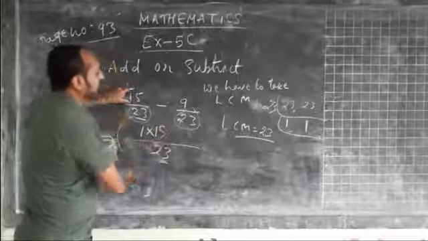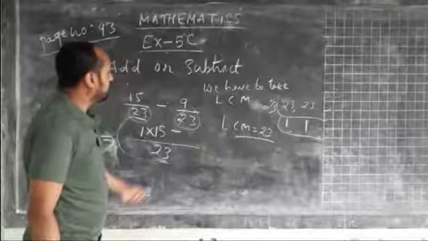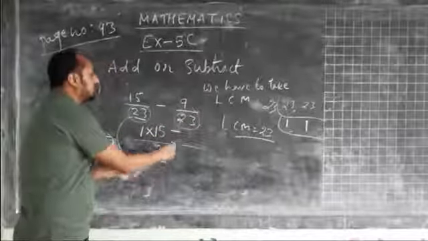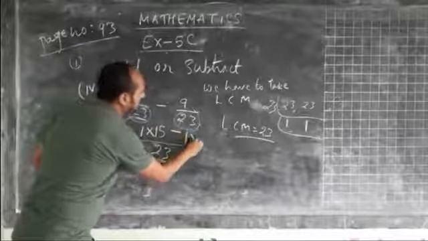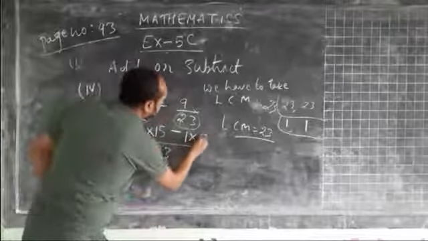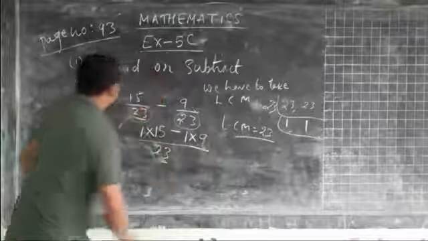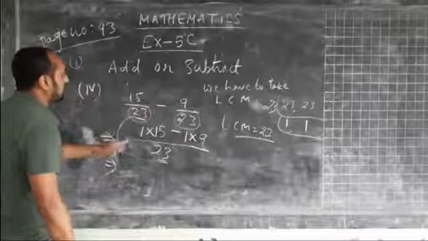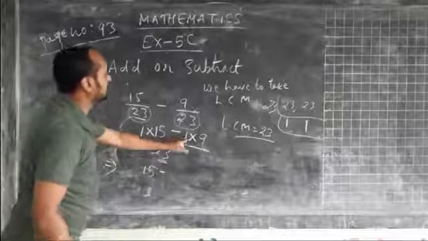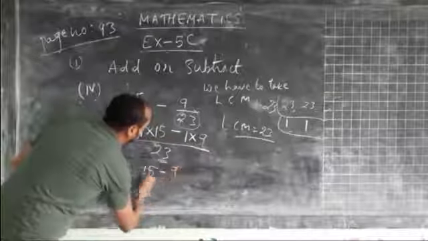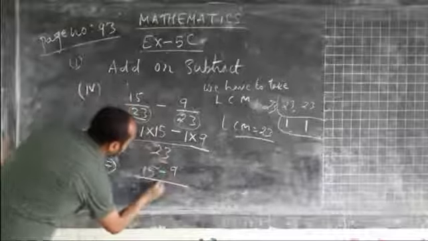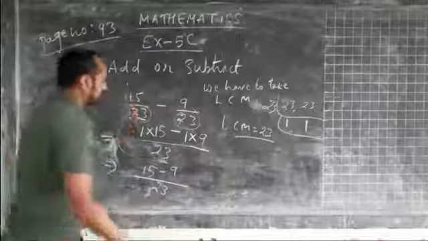So we have 15 minus, next again this 23 we divide by this. 23 ones are 23, 1 into whatever we have in the numerator, we multiply here. So next step, 15 ones are 15 minus 9 ones are 9 divided by 23.